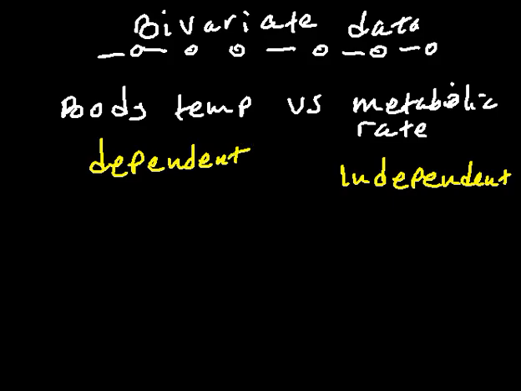Independent variables are denoted by x, and dependent variables are denoted by y.